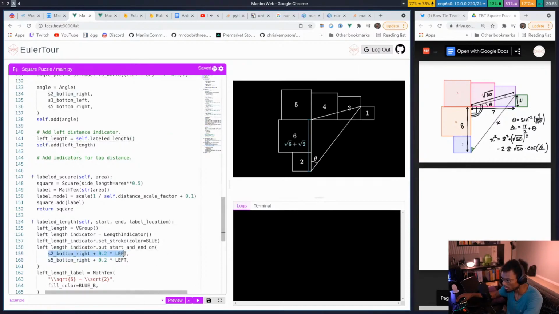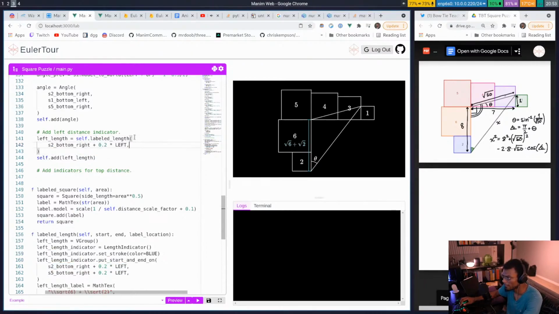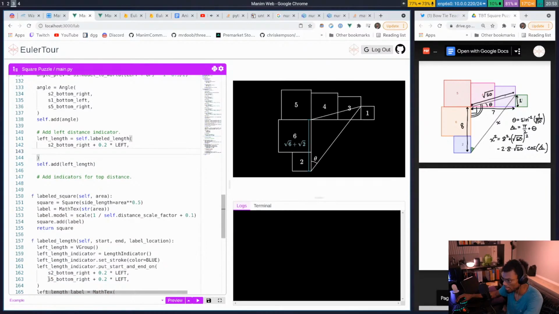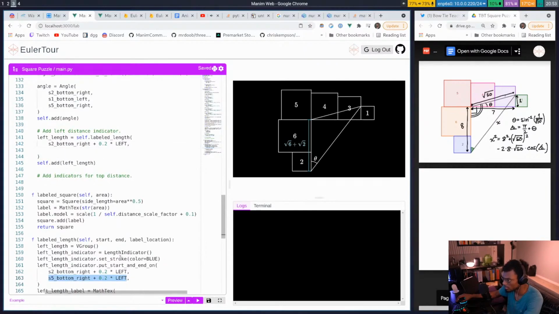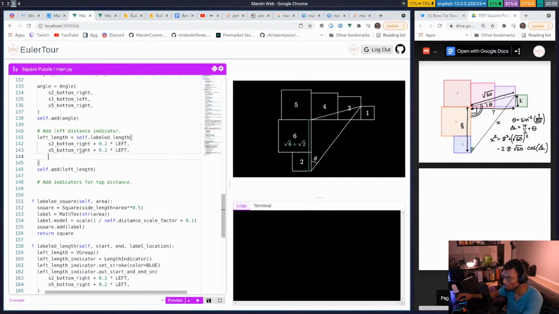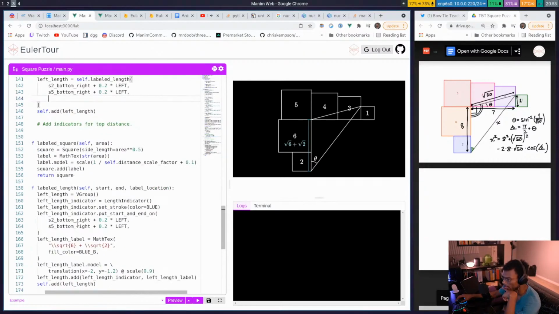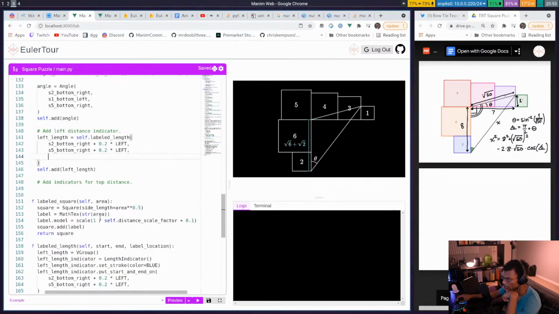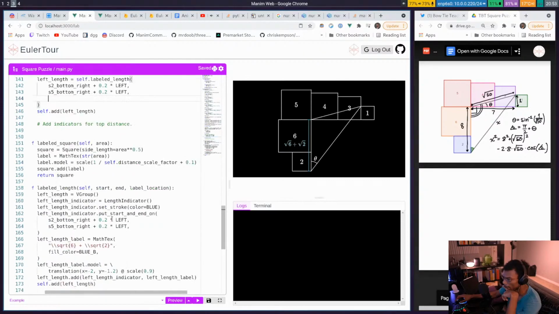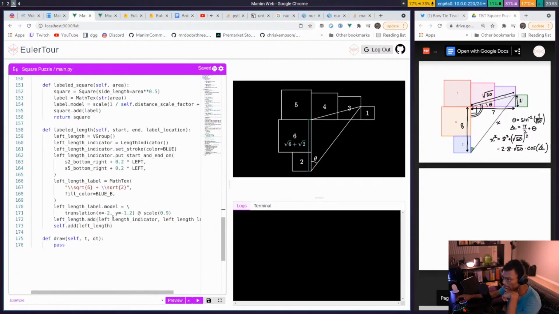This will be the start. This will be the end. And that label location will be this, down times 2 plus left times 1.2.